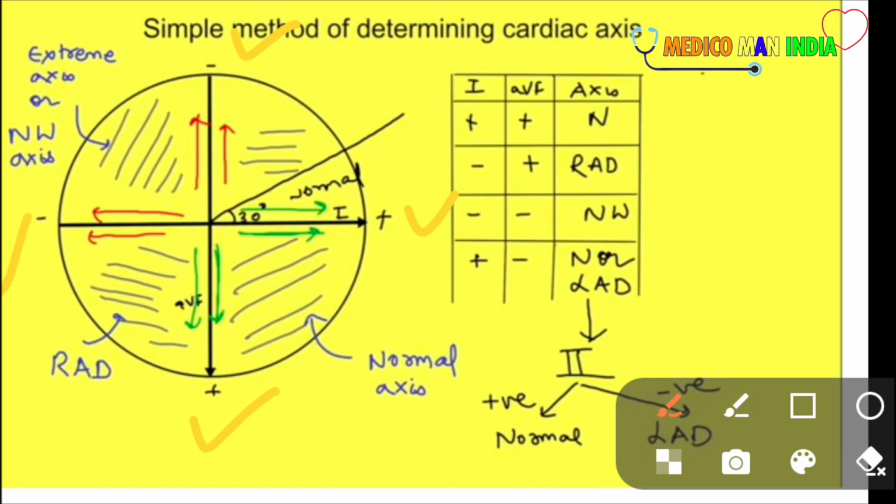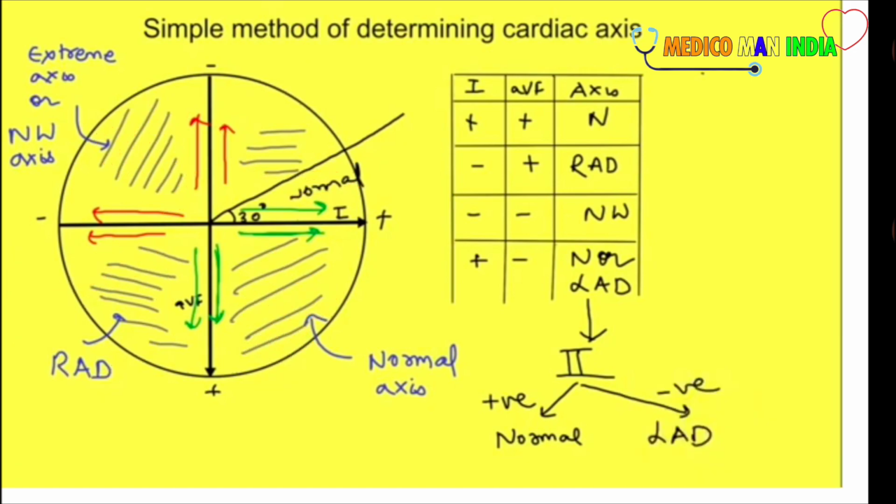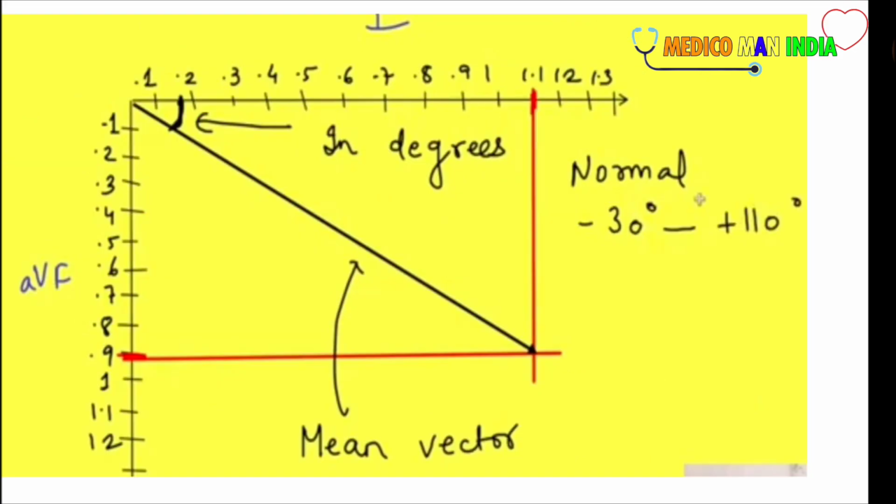The graphs coming here are both positive and show normal axis. The graphs coming here are both negative and show extreme axis deviation. The graphs lying here show left axis deviation, and the graphs lying here show right axis deviation. This is a simple method of determining the cardiac axis.